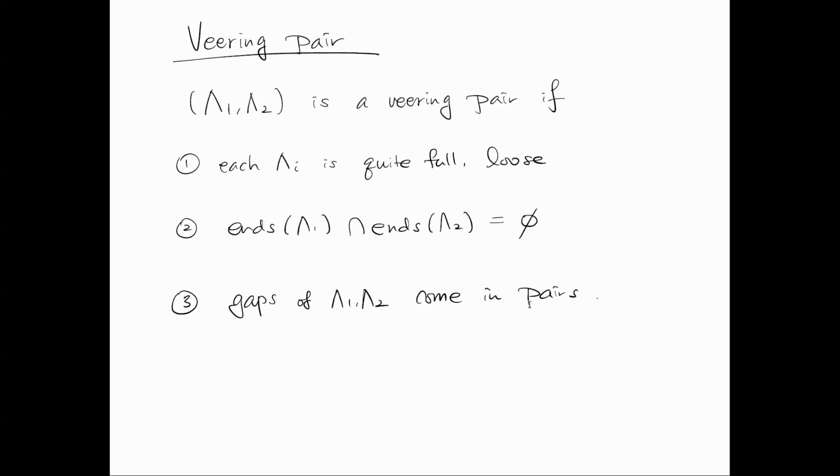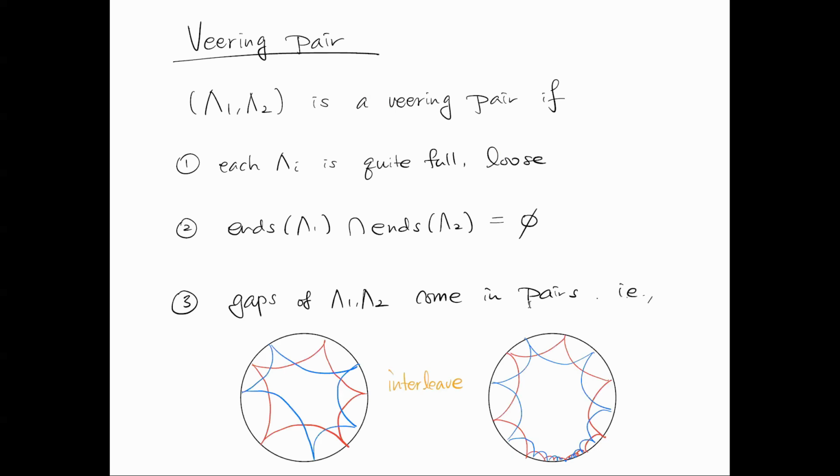So here is the definition of a veering pair of laminations. If you have two laminations such that each lambda i is quite full and loose, and they are transverse, actually strongly transverse, not just disjoint but also with disjoint endpoints. This is stronger, right? And the gaps of lambda 1 and lambda 2 come in pairs, as in this picture. If blue is an arbitrary gap in lambda 1, there is some red gap in lambda 2 of the same type.